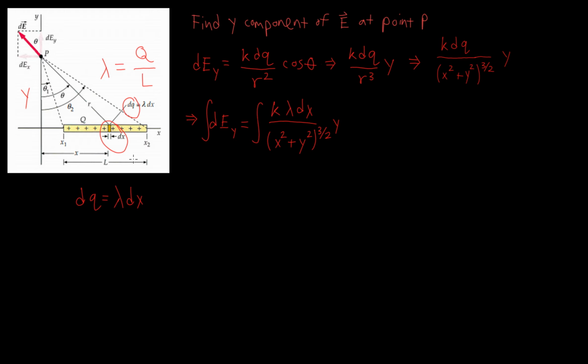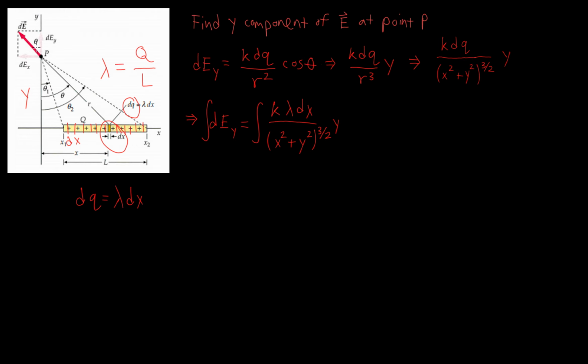The reason we integrate both sides is because this entire line charge can be broken up into little segments of charge. We could sum up those charges, and each of these charges has a length dx.